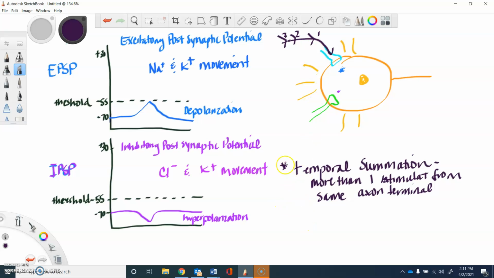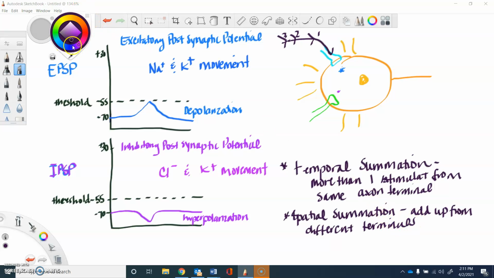All right, spatial summation is where we add up the action potentials from different terminals.